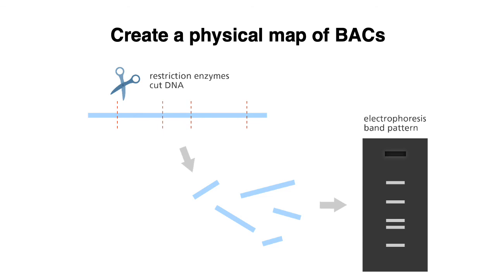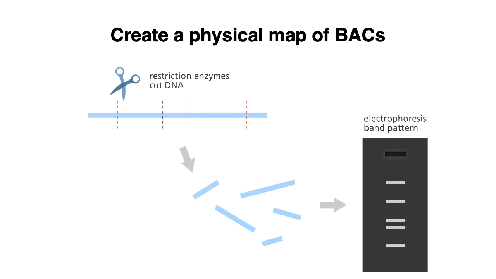So the idea is that, suppose you took a single BAC, right? You could take a restriction enzyme, or say a collection of restriction enzymes, and use those restriction enzymes to cut at different restriction sites along a single BAC.